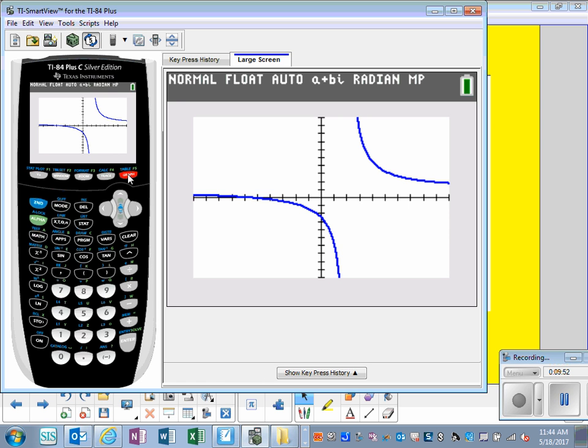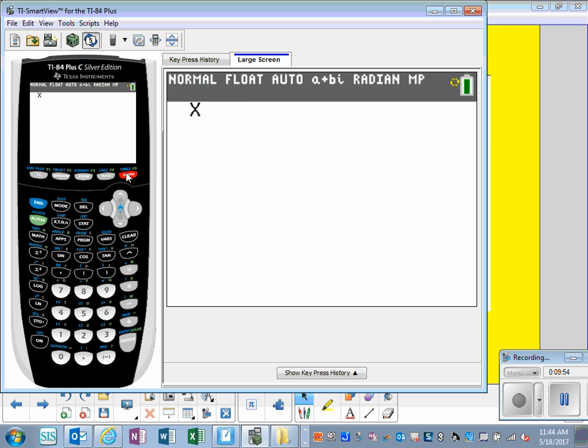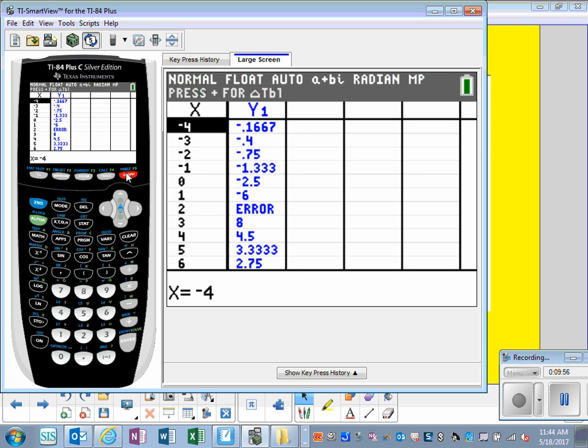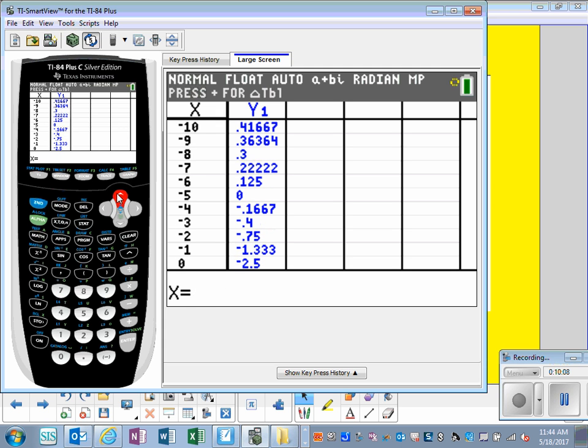Okay, so if I'm not sure, what can I do in my calculator to figure out what the asymptote is? I can go to my table. My horizontal asymptote is the same as my right and left behaviors. Remember? So if I scroll all the way up, and my x goes to negative infinity, say negative 50, see what's happening to y?